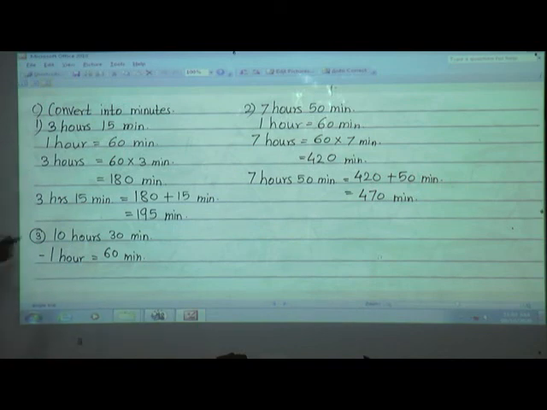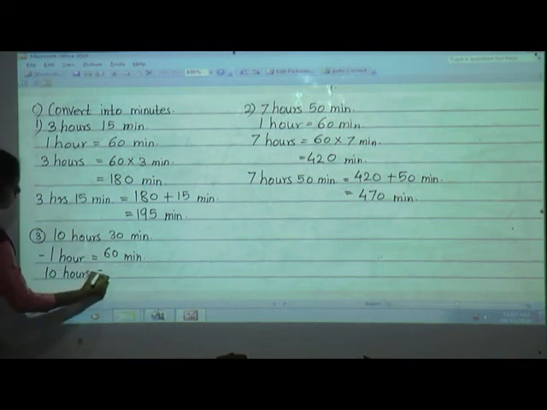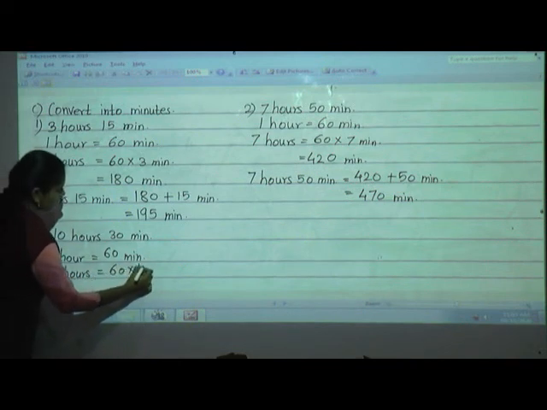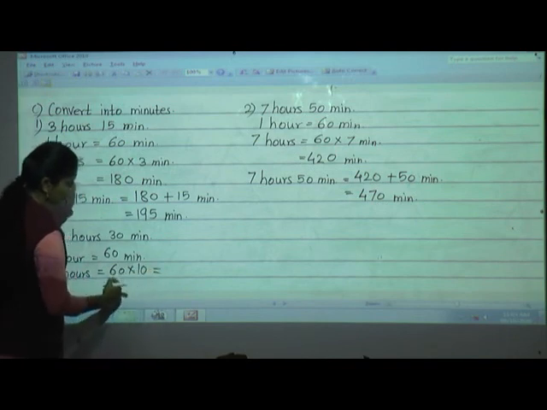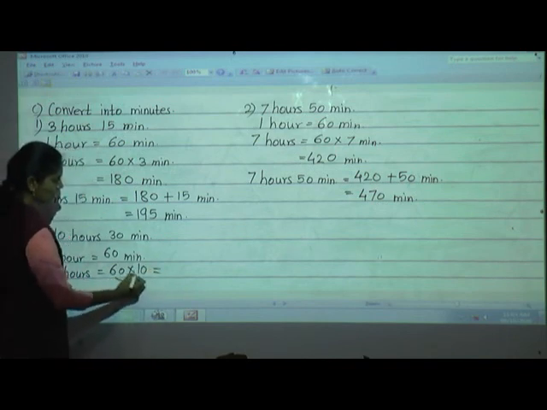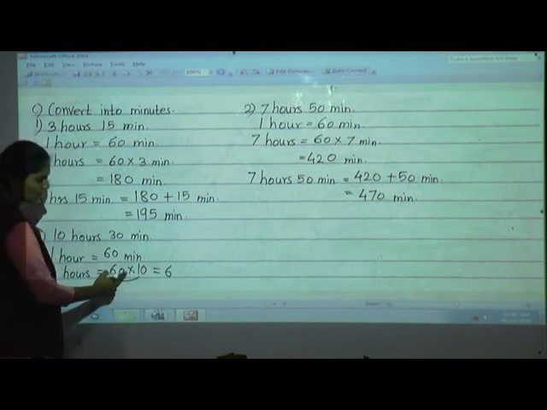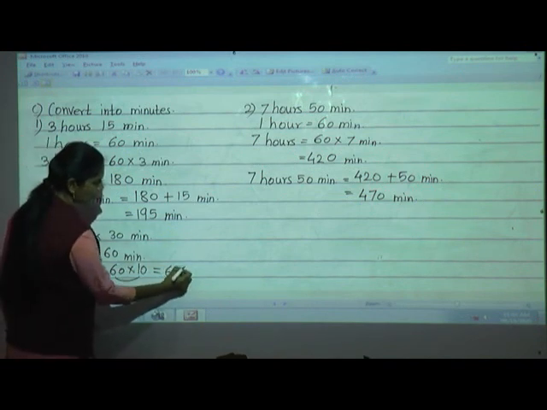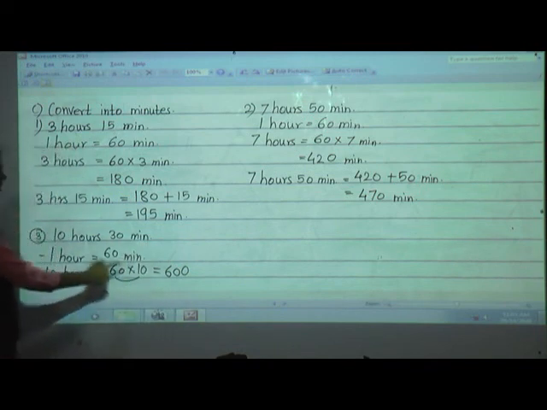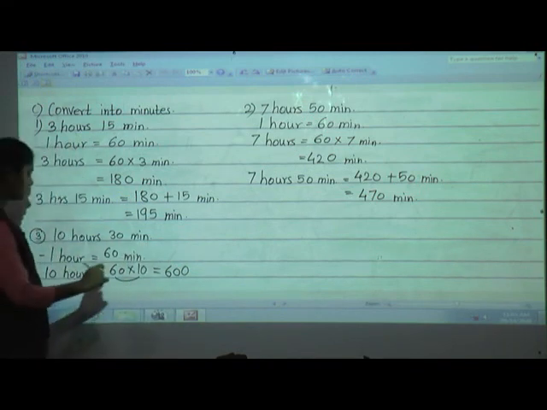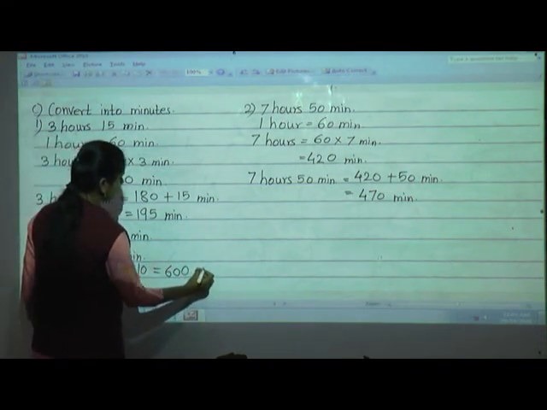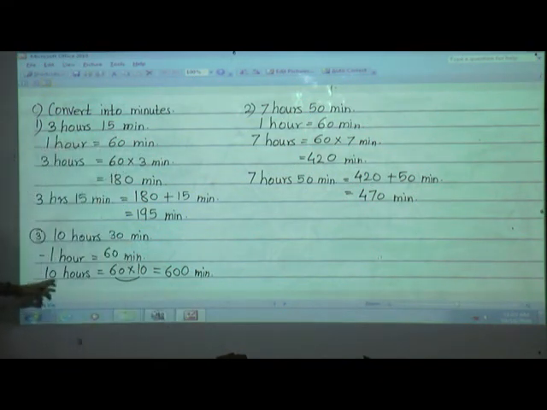Now 10 hours is equal to what? 10 hours is equal to 60 into 10. First you have to do the multiplication, that is 6 into 1, and then you have to count how many zeros are there. Here 2 zeros are there, so simply you have to put 2 zeros. So 60 into 10 means 600 minutes. So 10 hours is equal to 600 minutes.